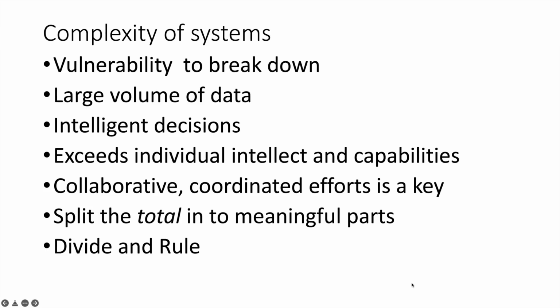There might be statistical elements involved, and that is where the complexity of the system is related to the intelligent decisions. If we look at all the challenges, then we can easily get convinced that the efforts required for developing such complex systems go beyond individual intellect capacity limits.